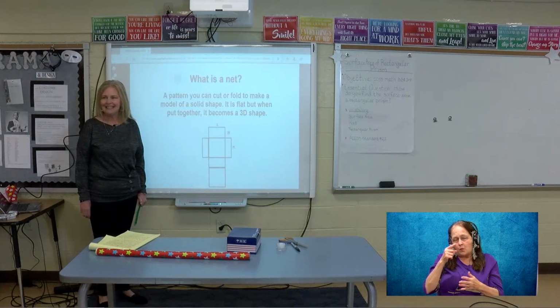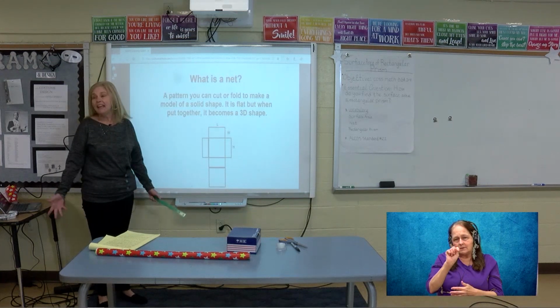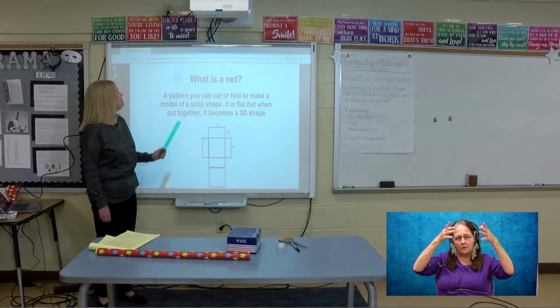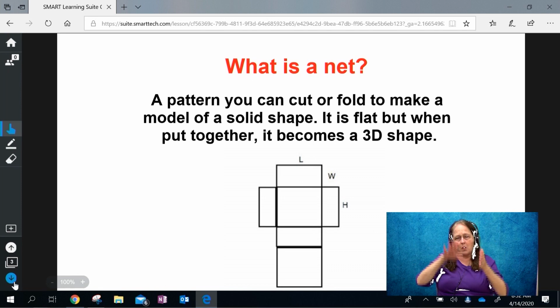What is a net? Yes, we can have a basketball net, but that's not the net I'm talking about. A net is a pattern you can cut or fold to make a model of a solid shape. It is flat, but when you put it together, it becomes a 3D shape. It's kind of like putting together a puzzle.